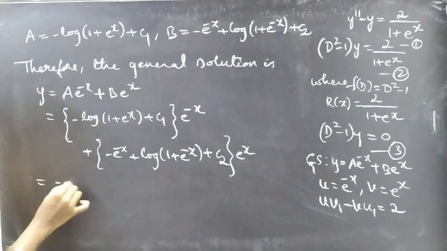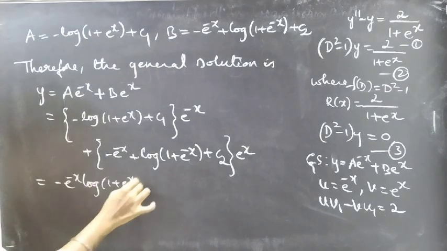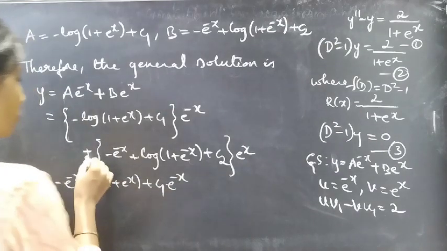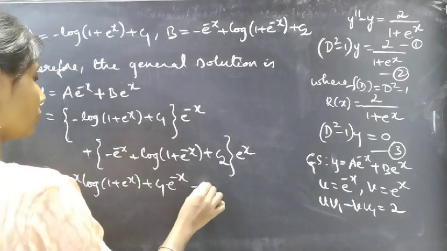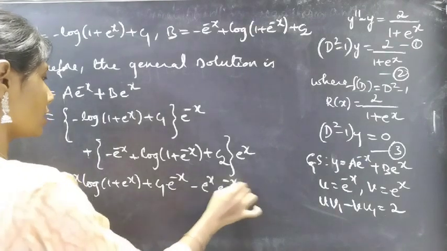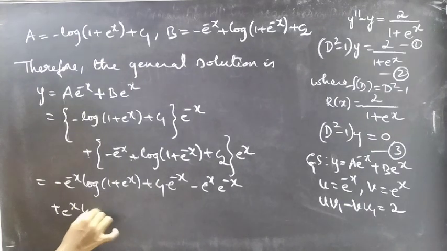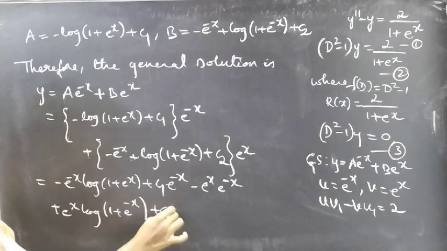This equals minus e power minus x log of 1 plus e power x plus c1 e power minus x, plus minus e power x into e power minus x plus e power x into log of 1 plus e power minus x plus c2 e power x.